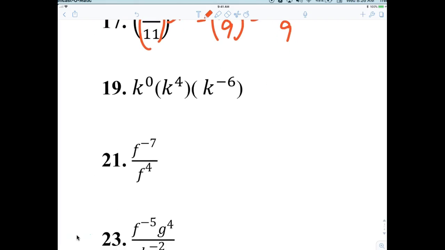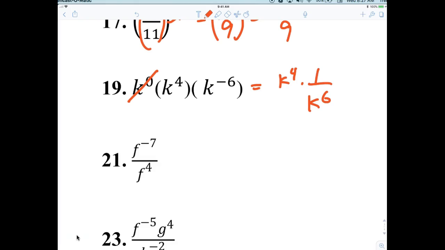Now, anything to the 0 power is 1, so that crosses out to a 1. K to the negative 6 is what? That's correct. Or you could say, since you're multiplying, you do what to exponents? When you multiply, what do you do to exponents? You add them.